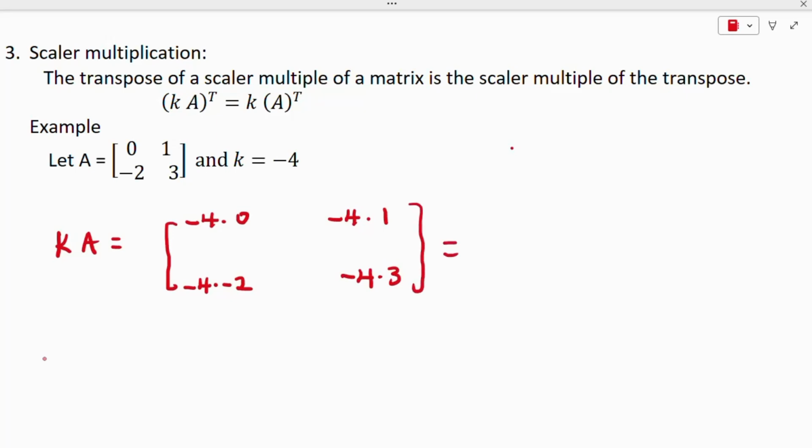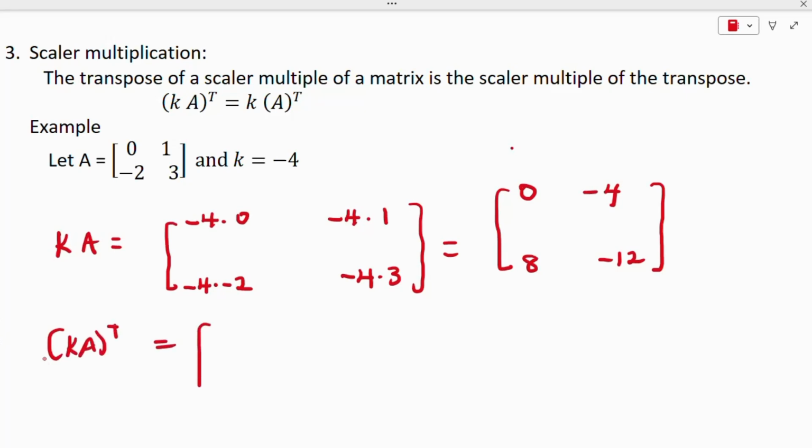So this is equal to negative 4 multiply 0 is 0, negative 4 multiply 1 is negative 4, negative 4 multiply negative 2 is positive 8, and negative 4 multiply 3 is negative 12. So taking the transpose of KA, (KA) transpose will be equal to interchanging the rows to be columns. So for the first row, we have 0 and negative 4. And the second row right here, we have 8 and negative 12. We have been able to solve for the left hand side.